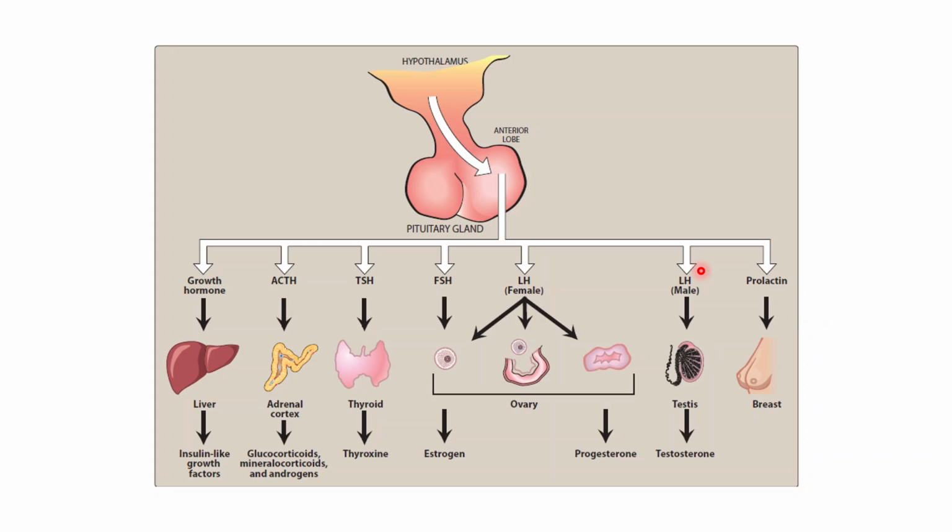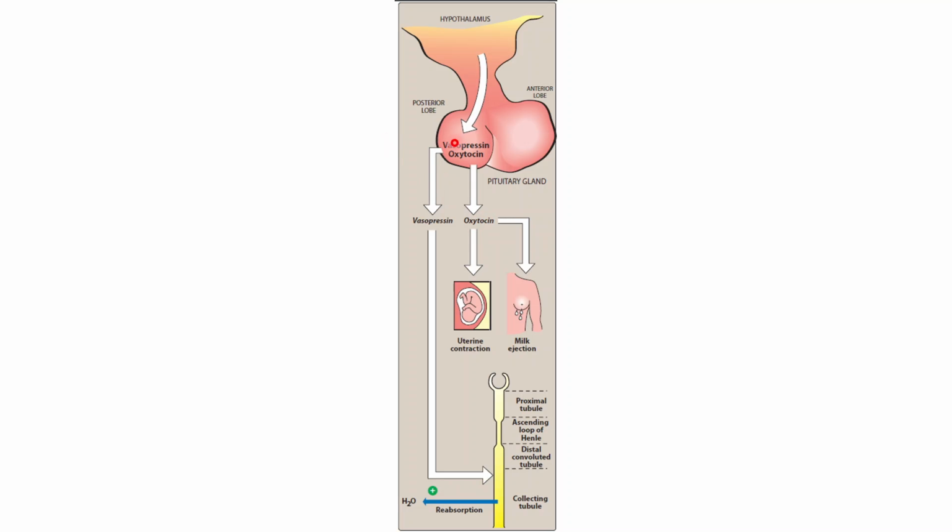Then the hormones of the posterior pituitary include the vasopressin and oxytocin, and those are not regulated by releasing hormones because they are synthesized in hypothalamus and transported to the posterior pituitary, and they are released to specific signals.